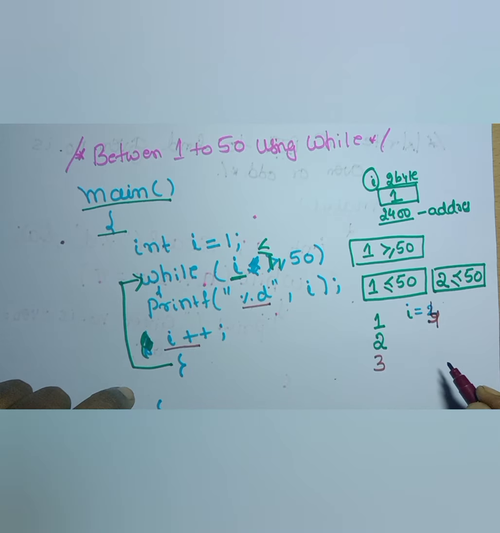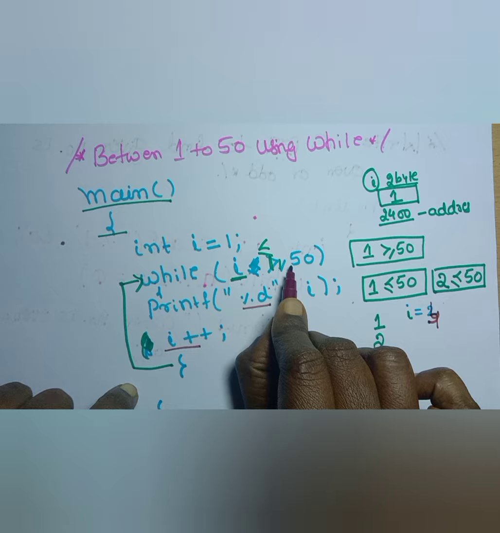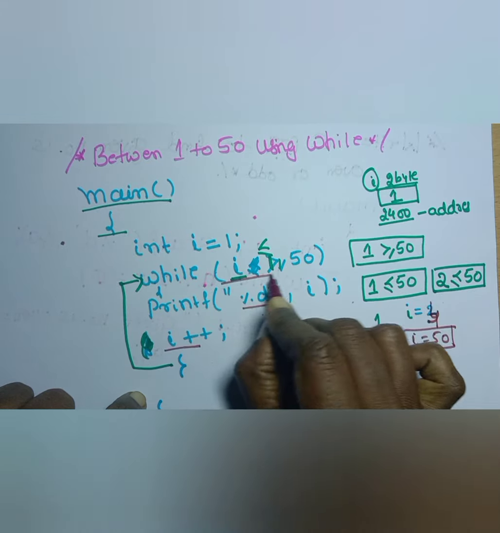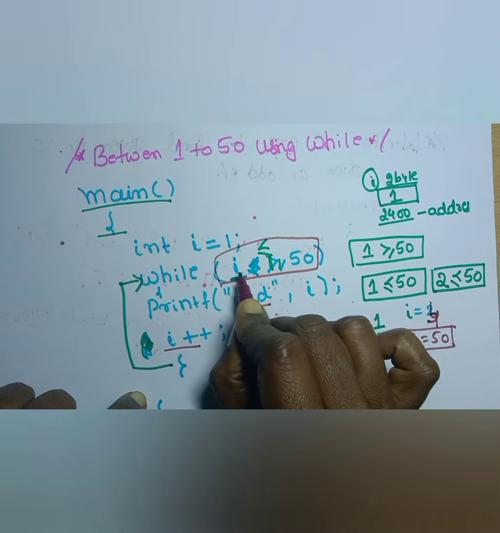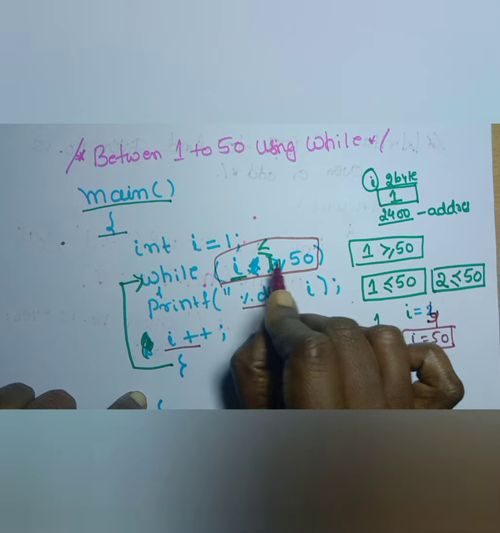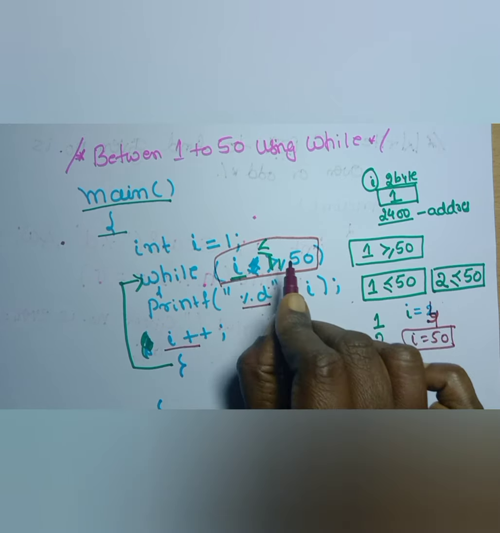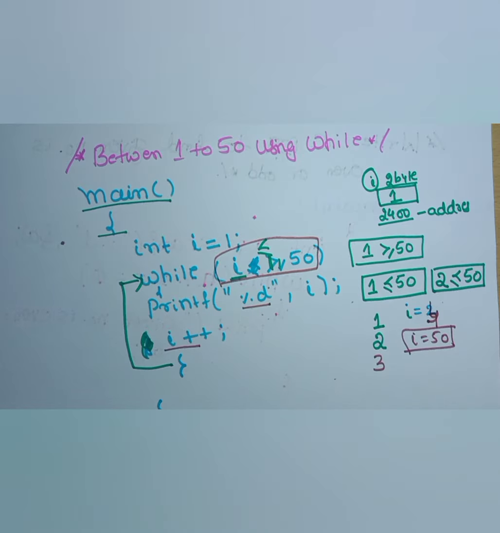What happens, it is going to check the condition till i is equal to 50. When i is equal to 50, here you see what happens. When i is equal to 50, it checks the condition. i is less than or equal to 50, it is equal to 50, the condition is true, so i is printed and then incremented.